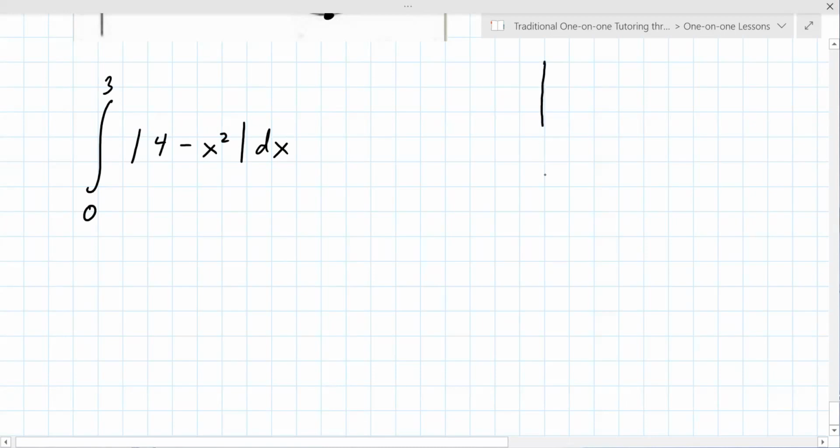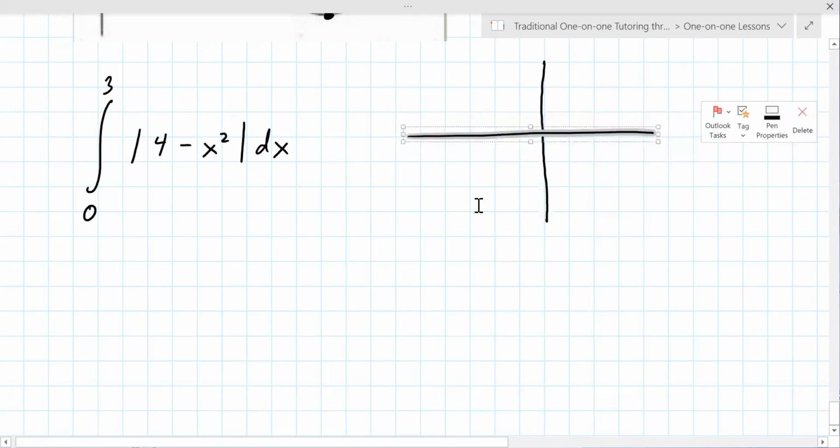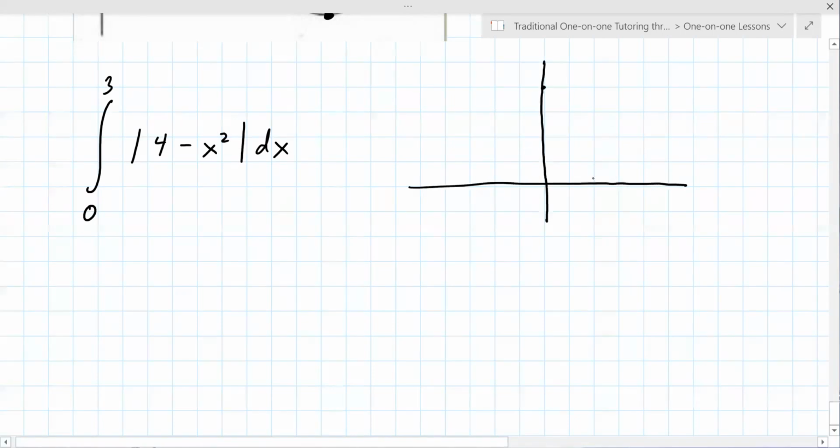If you were to graph 4 minus x squared, and we do need a graph here, it looks like this. There's 4, it hits at 2, and then it keeps going. It goes down here, believe it or not. If you were to graph 4 minus x squared, this is down at -5, okay?